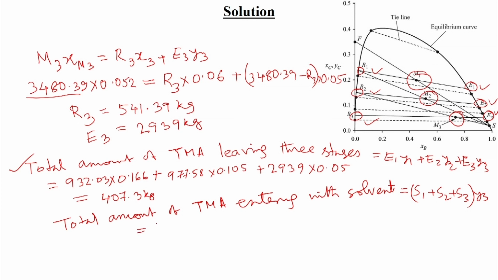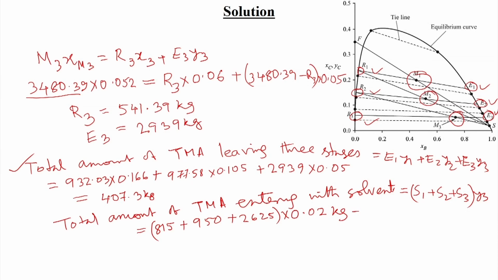These are given in the problem: S1 is 815, S2 is 950, and S3 is 2625 kg, and the concentration of the solute in the extracting solvent is 2%, so 0.02 kg.